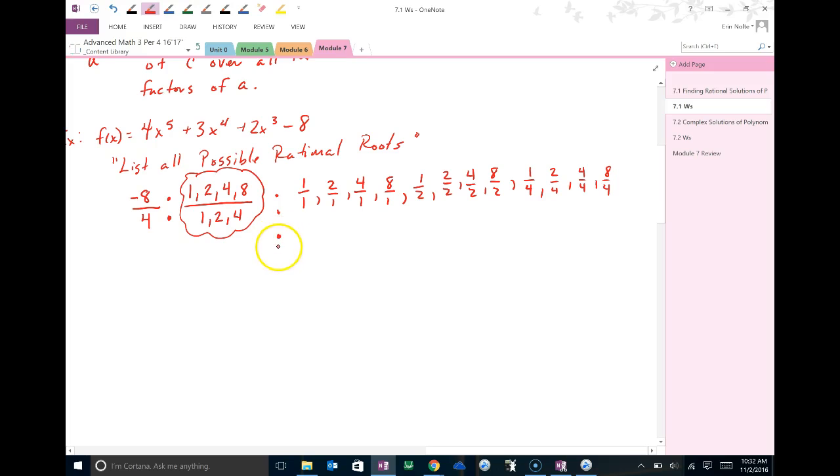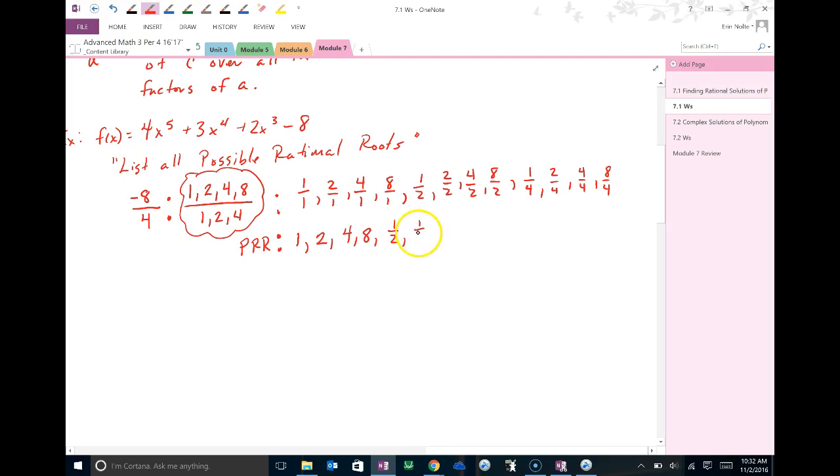So all of the possible rational roots would be the reduced versions of all these numbers I just wrote. 1 over 1 is 1, 2 over 1 is 2, 4 over 1 is 4, 8 over 1 is 8, 1/2. Now 2 halves is the same as 1, which I wrote already, so I don't have to repeat that. 4 halves I wrote. 8 halves is 4, did that.